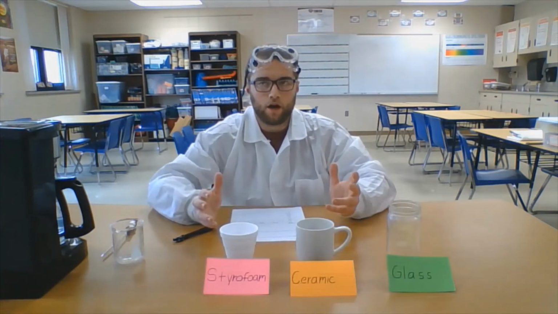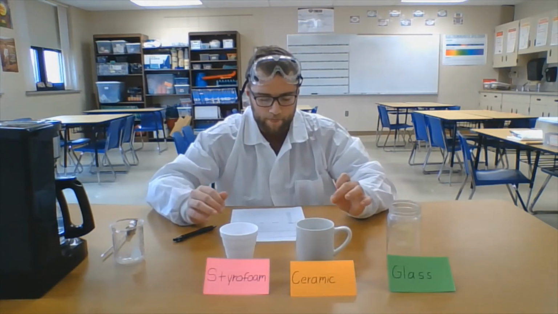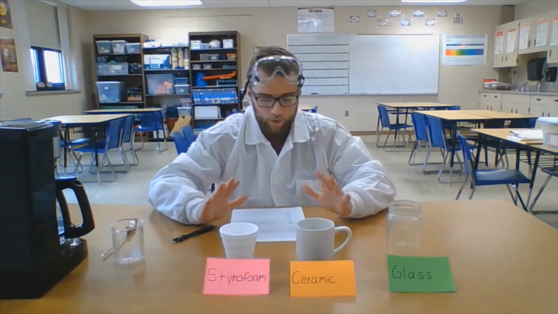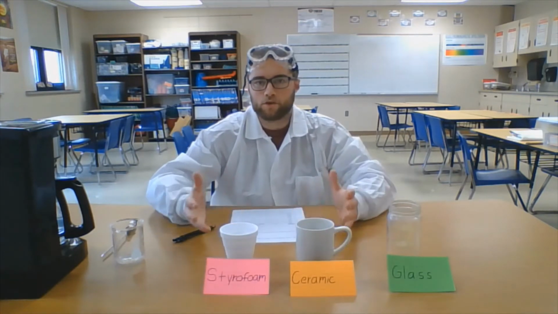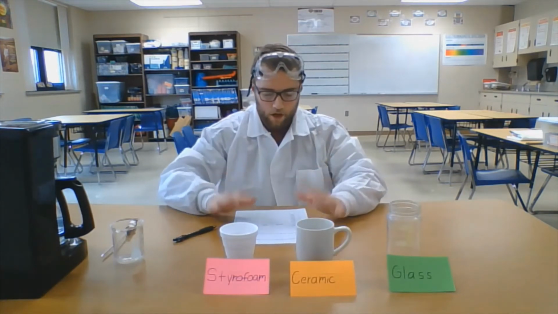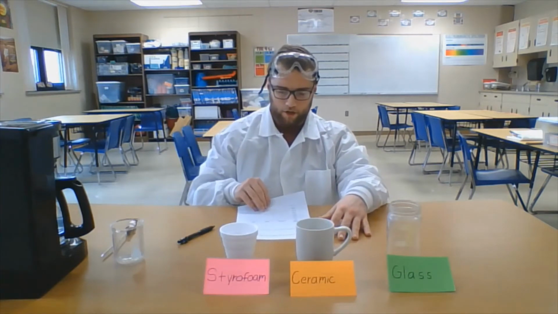Again, you need to make a prediction, or in other words, you need to form a hypothesis. And then we will see how that turns out at the end of the lab. Of course, there are no right or wrong answers. And then here we have our table where we will be collecting our data.